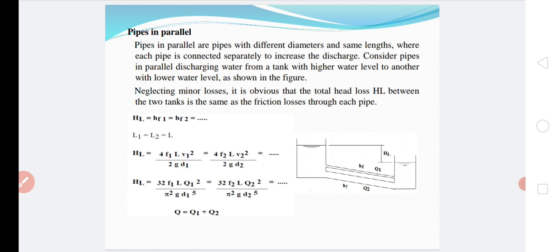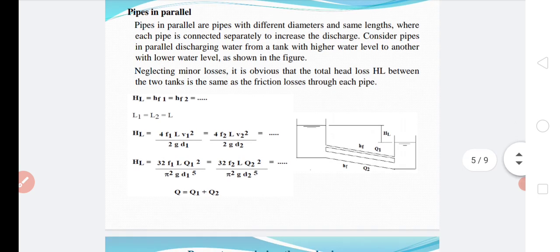So the discharge from tank number 1, Q equals Q1 plus Q2.